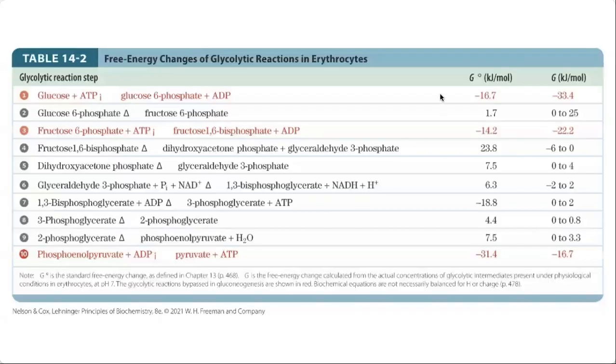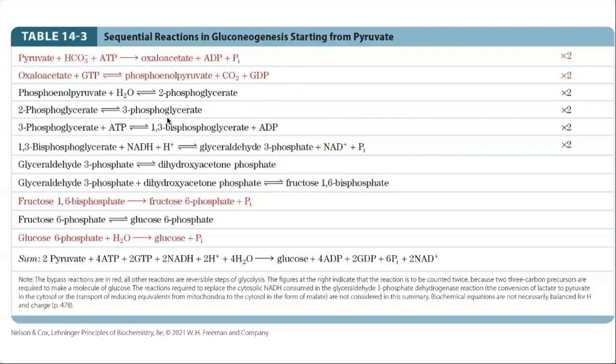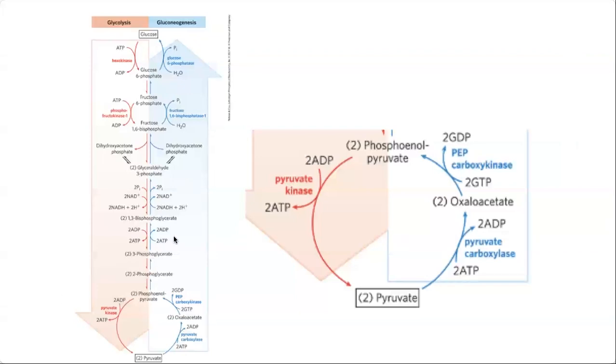As we mentioned at the beginning, you have these 3 steps with large negative delta Gs that we need to get back the other direction. So when we're doing this in gluconeogenesis, we're going to have to introduce different enzymes. We're going to have 4 enzymes, because we needed 2 enzymes to reverse this last step.